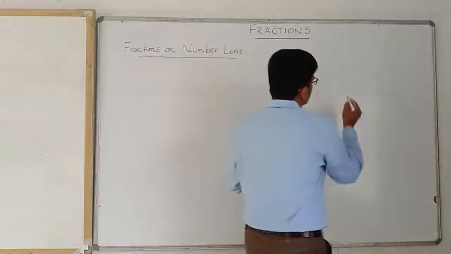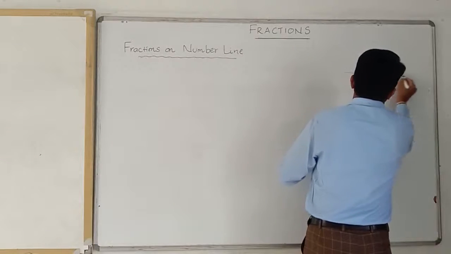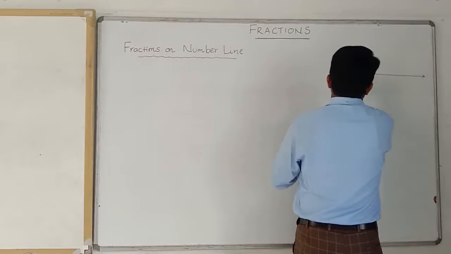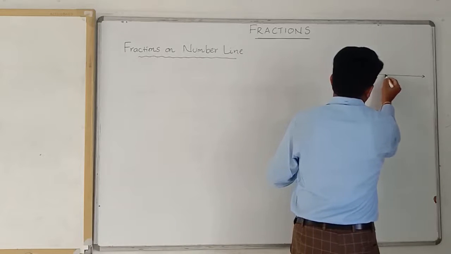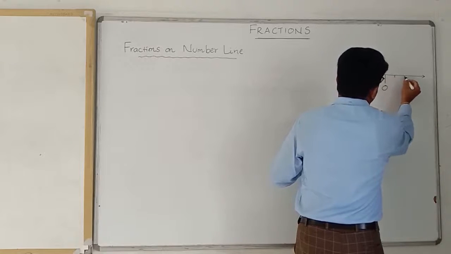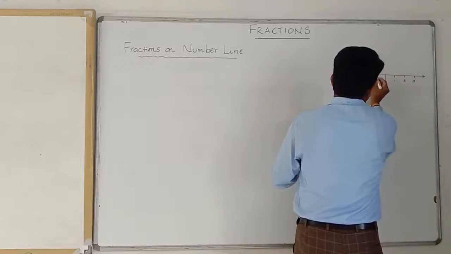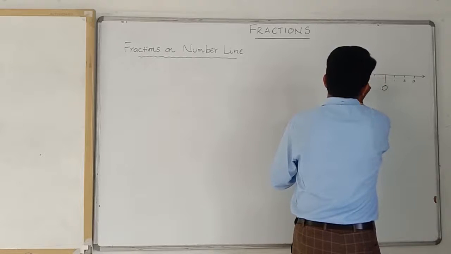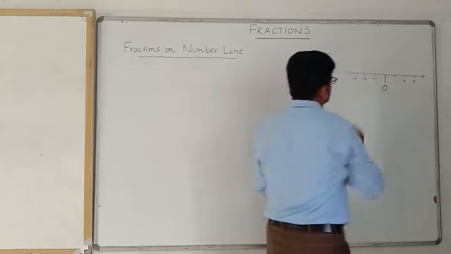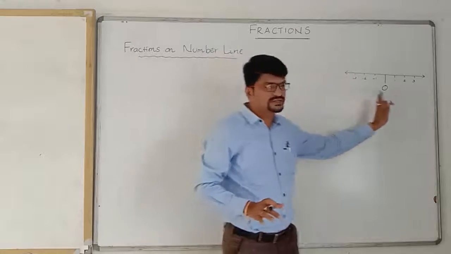I'll write here: number line. See here, this is the model of the number line. 0, 1, 2, 3, and on the other side -1, -2, -3. Number line doesn't mean only this much size.